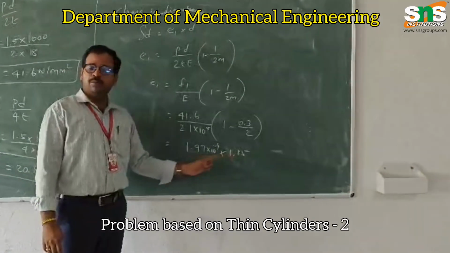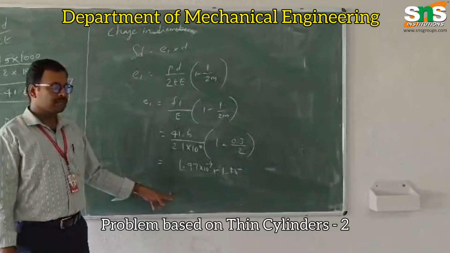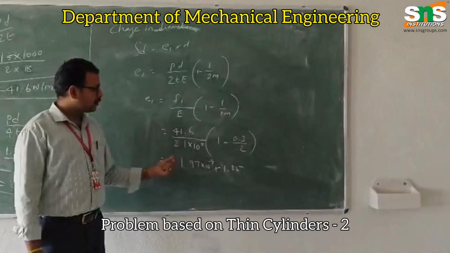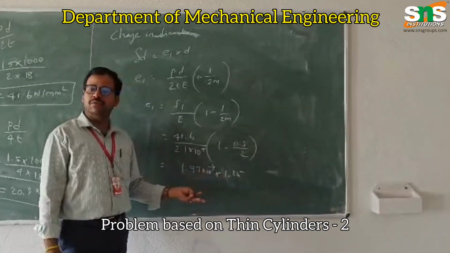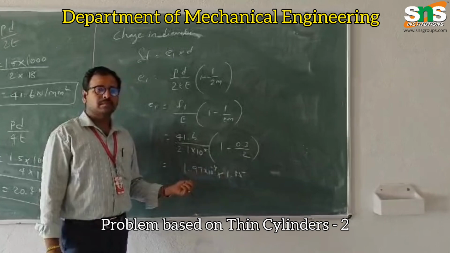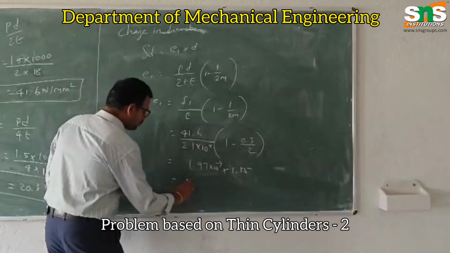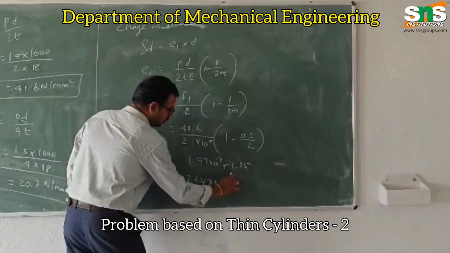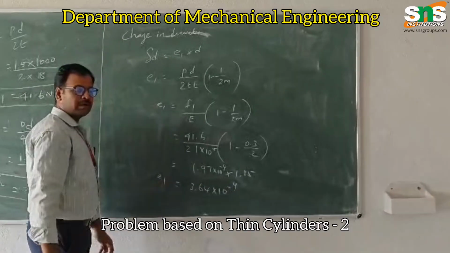Now multiply both things. What is the answer? 1.97 into 10 to the power of minus 4, into 1.85, gives 3.64 into 10 to the power of minus 4. So this is called as e1.